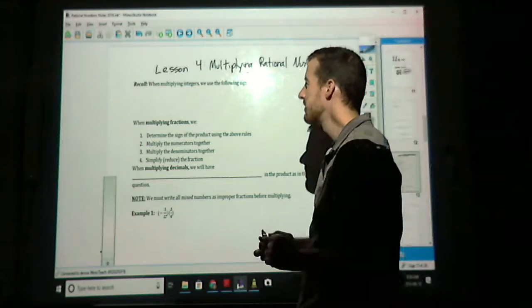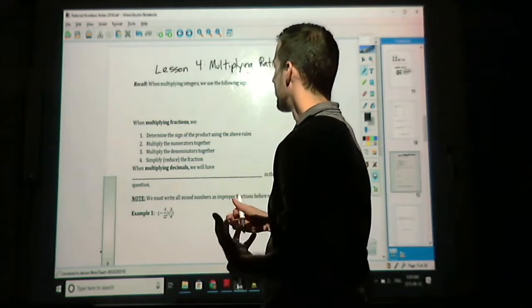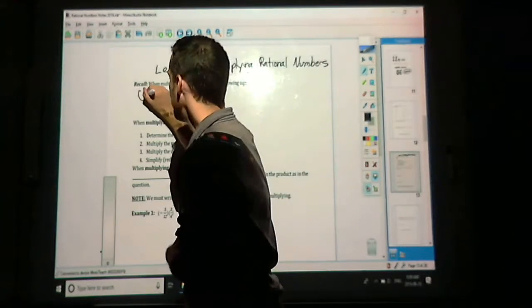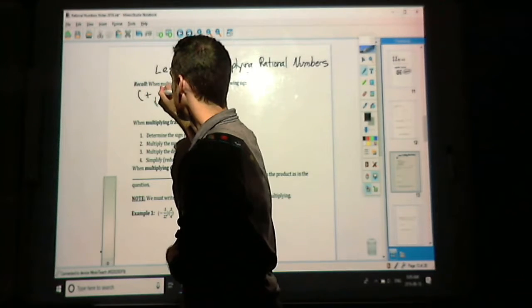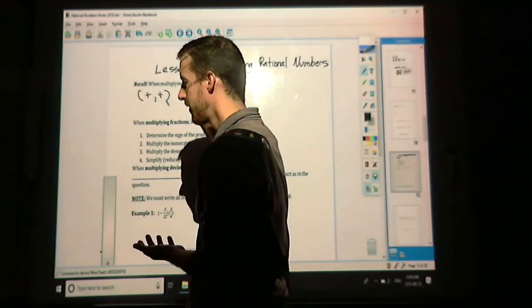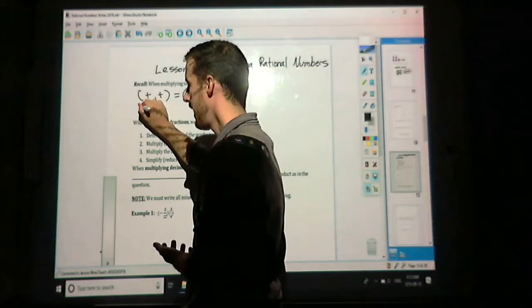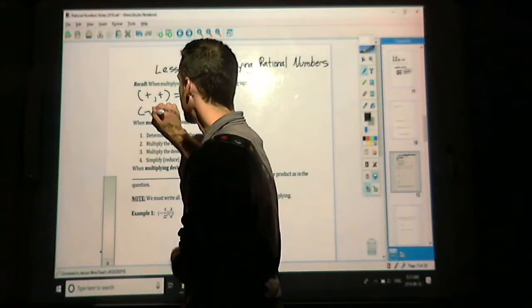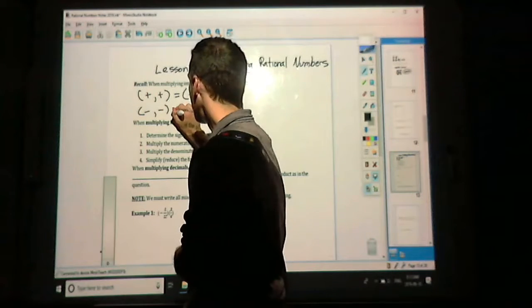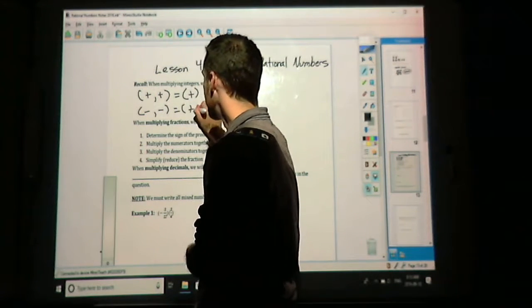Recall when multiplying integers, we use the following signs. If we have a positive and a positive, we get a positive answer. If we have a negative and a negative, we end up with a positive answer.